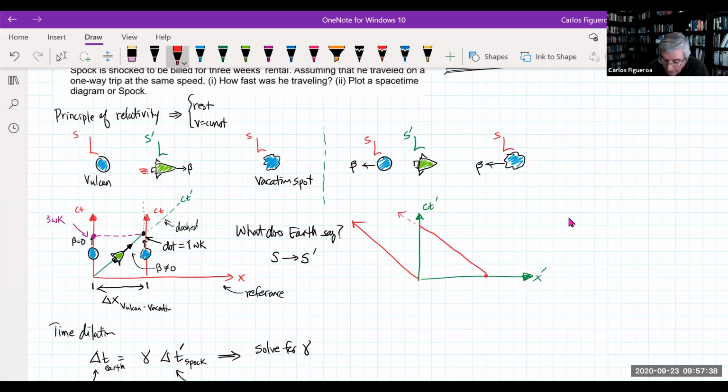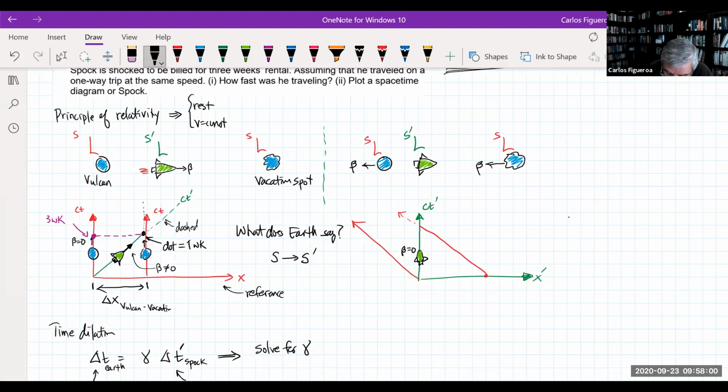And so when I look at the rocket frame, I imagine that I have my rocket here. Because I'm in this rocket frame, I'm going to lie and just say that it's not moving through space, it's only moving through time.